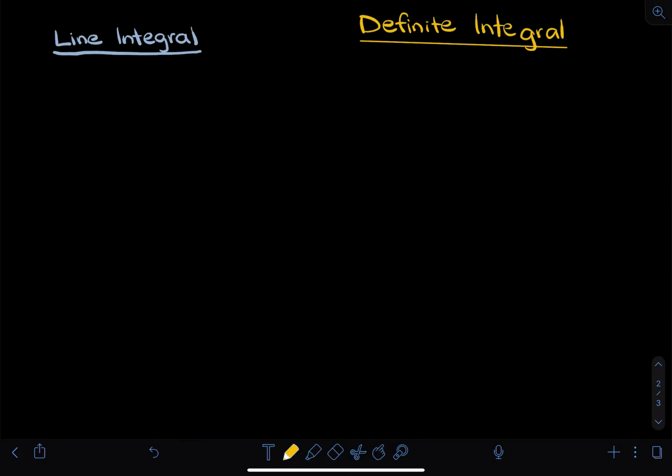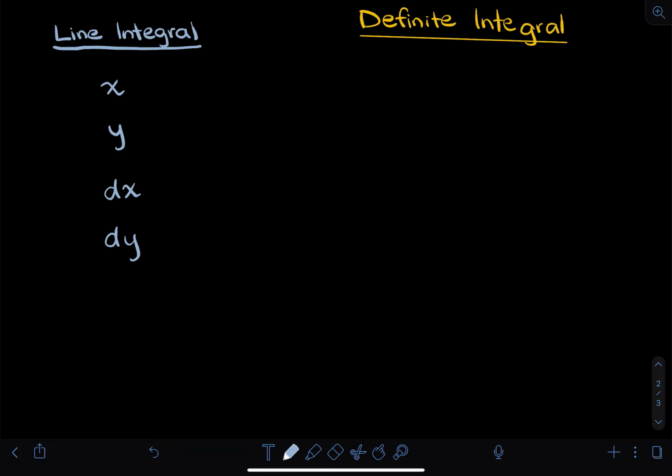So going back to this table that we'll make here, there's a lot of different things we might see in a line integral from a question. So there might be some x's, there could be y's, we might see a dx, we might see a dy, and obviously the last one is the ds. Now, if we leave it just like that, we don't really know how to compute a line integral.